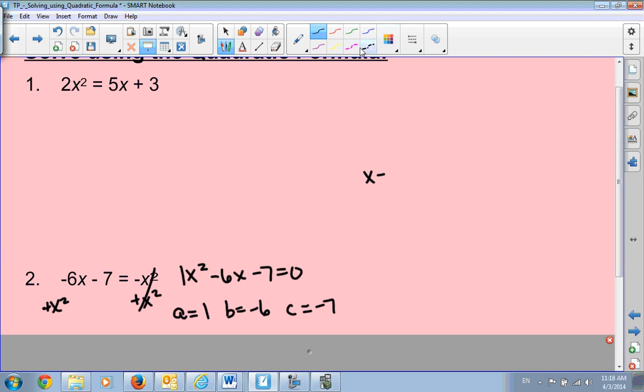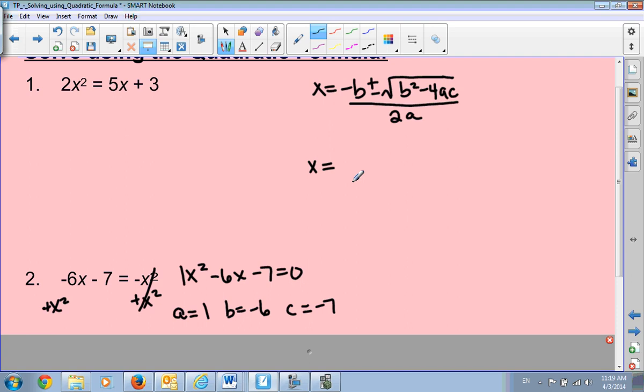Need to scoot this up a little so we have some more room. So again, x equals negative b plus or minus the square root of b squared minus 4ac, all over 2a. Perfect. Okay, so we're just going to start plugging in. x equals, what's our negative b?